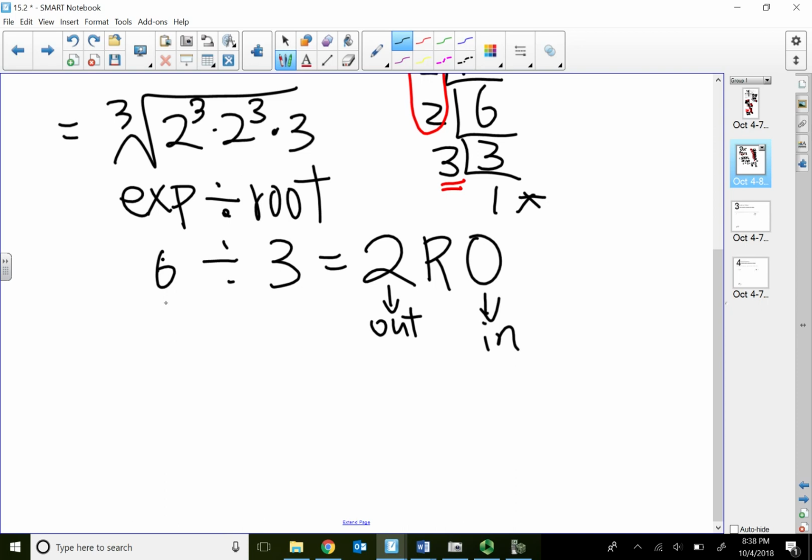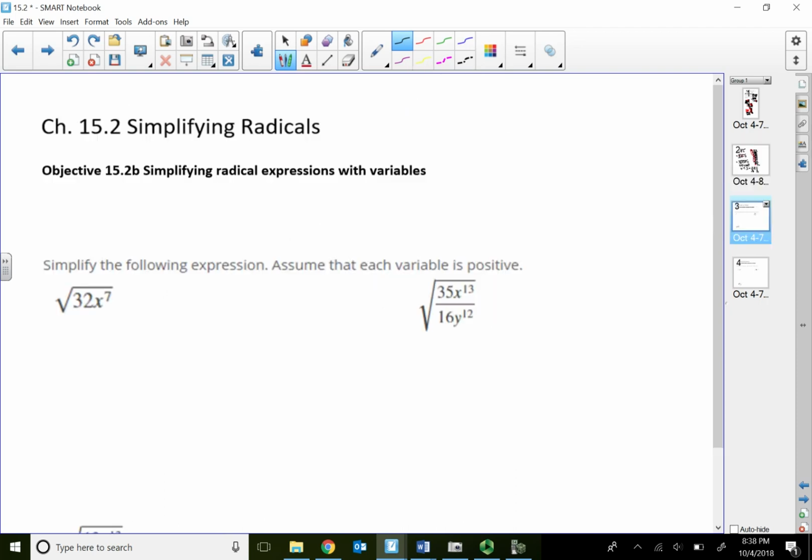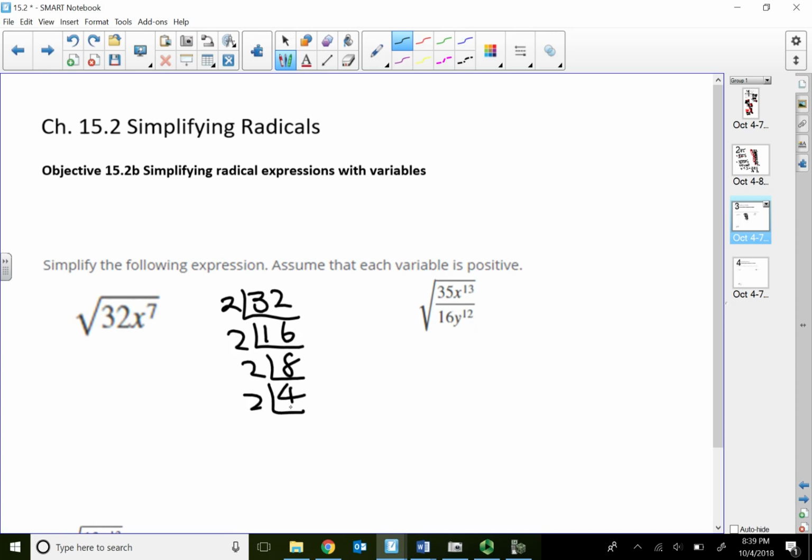This is a very interesting technique when it comes to variables. Here I have the square root of 32 times x to the 7th power. The 32 part I can break down using prime numbers. If I use a 2, 2 goes into 16, 8 times, 2 goes into 8, 4 times, 2 goes into 4, 2 times, 2 goes into 2 exactly 1 time.